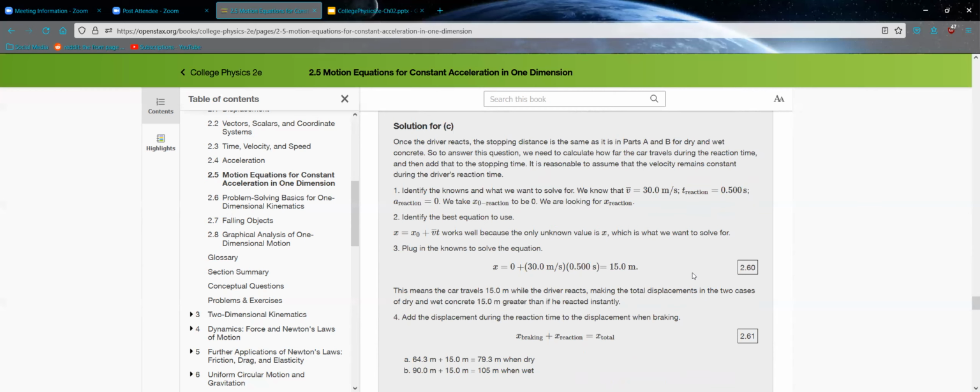Your velocity is 30, your reaction time is half a second, and your reaction acceleration is 0 because you do not accelerate. You do not decelerate for that half a second. So if you're traveling 30 meters per second, in half a second, you go 15 meters.